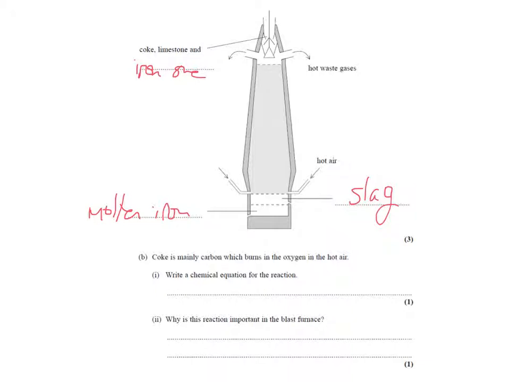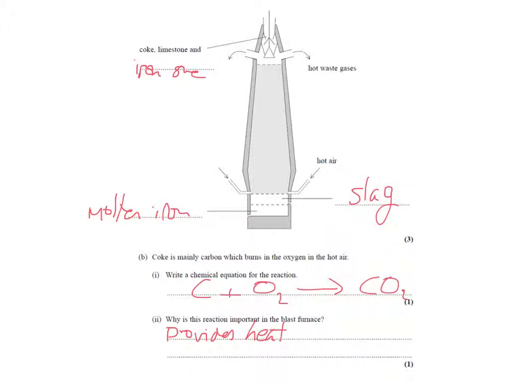Now in the furnace we have carbon which is contained in the coke, and that reacts with oxygen to form carbon dioxide, and that's a very exothermic reaction, and it provides heat. That's essentially what it does. It provides heat, particularly as the reaction which takes the iron out of the iron oxide is an endothermic reaction.